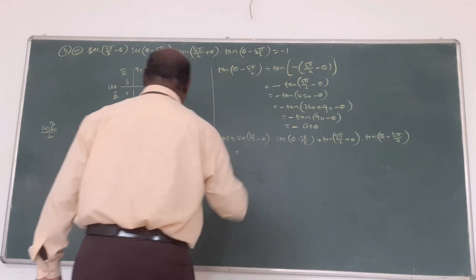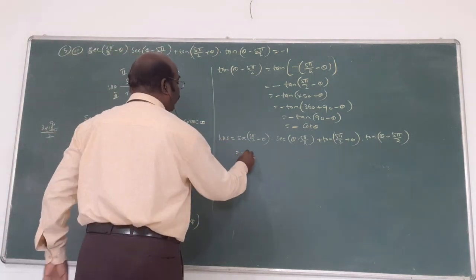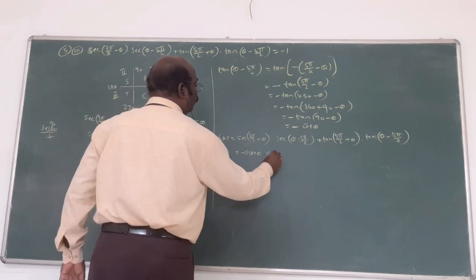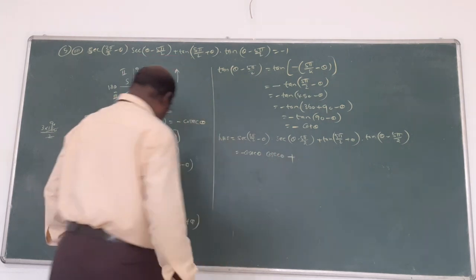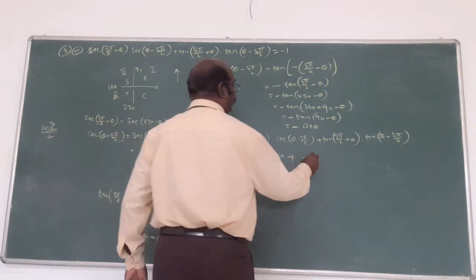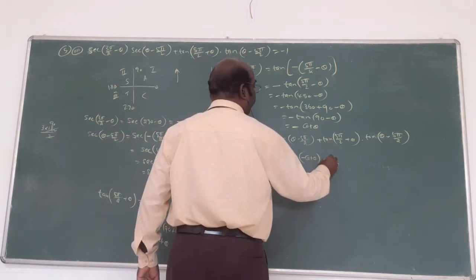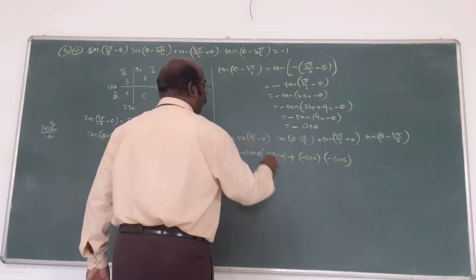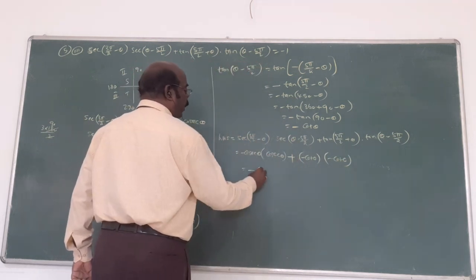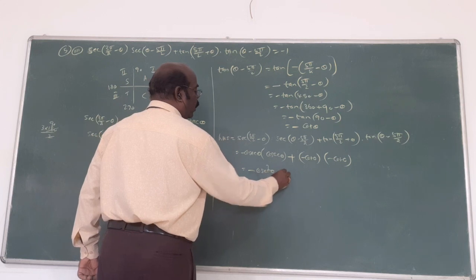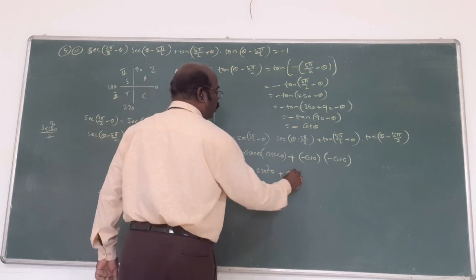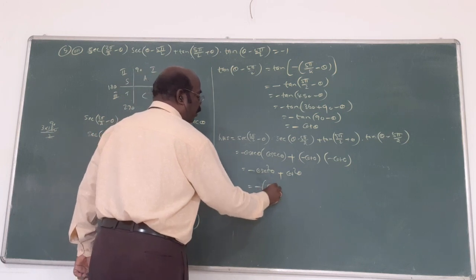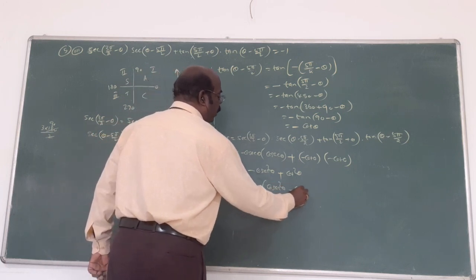The value for the first one is minus cosecant theta, and here cosecant theta, plus this minus cot theta. Again minus cot theta. Am I right? Multiply: minus cosecant square theta plus cot square theta. Minus is common: cosecant square minus cot square theta.